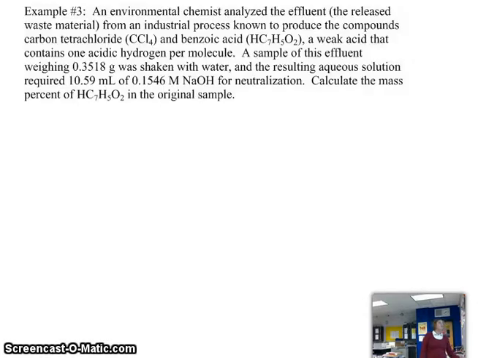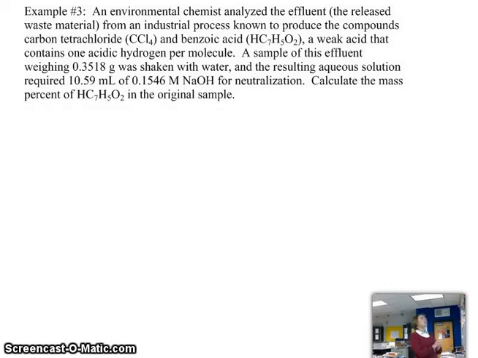So we did the first two practice problems. Let's try another one. An environmental chemist analyzed the effluent from an industrial process known to produce compounds carbon tetrachloride and benzoic acid, a weak acid that contains one acidic hydrogen per molecule. So even though this benzoic acid up here has 6 hydrogens, only the front one ionizes and is acidic.